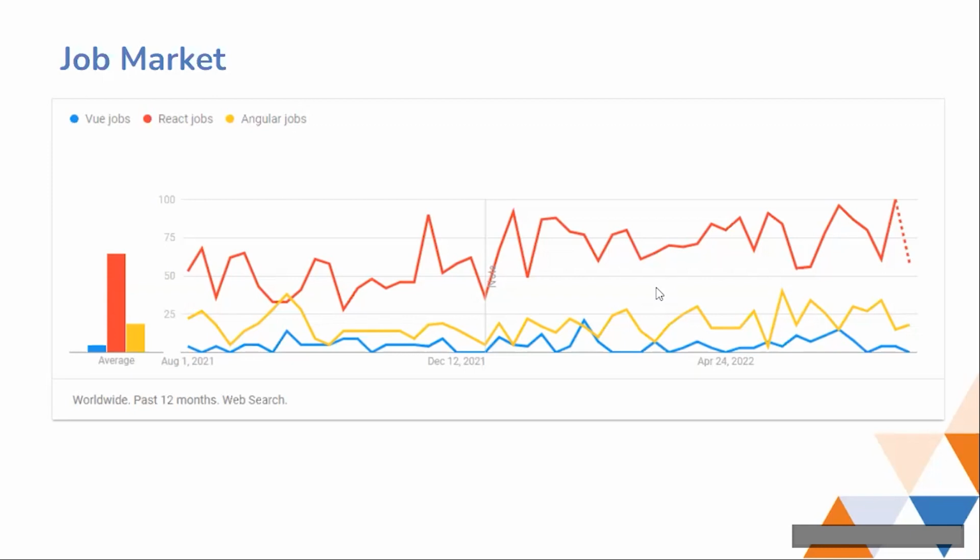Angular is maintained by Google, that's fine, but why is Angular not getting that much popularity? Actually, Angular is for more complex projects. Angular, Vue and React can all create single page applications, but the three of them have different abilities and different approaches to solve a problem. In that sense, the job market for React will be skyrocketing for the next 10 years.